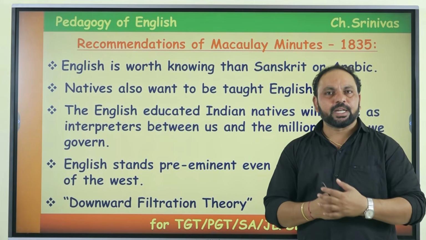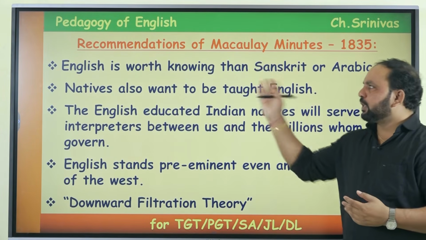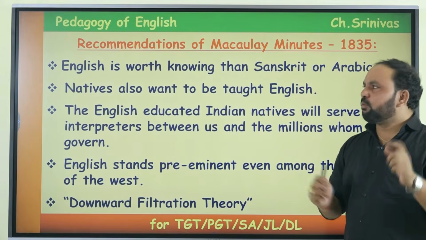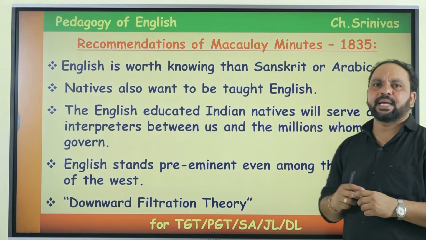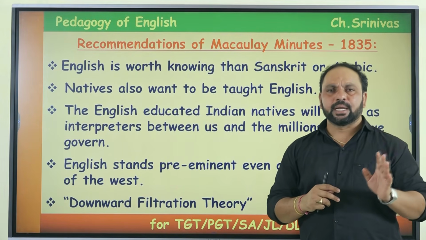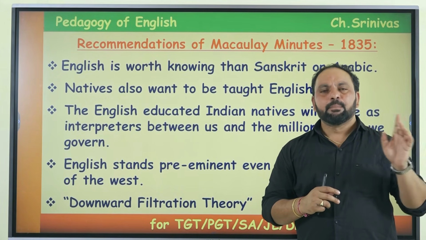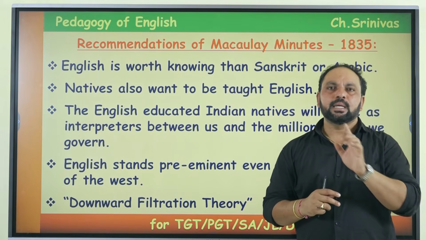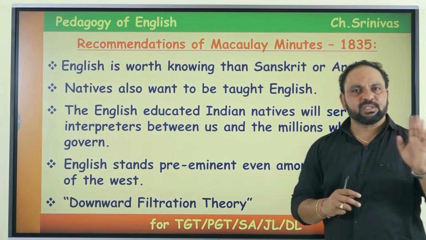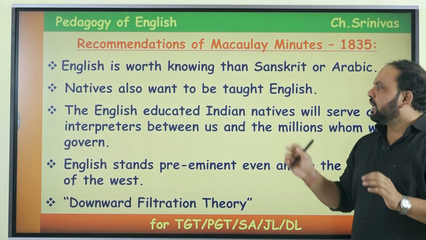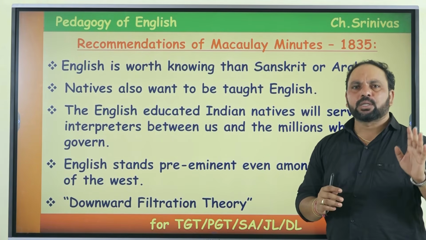And what are the recommendations of the Macaulay's Minutes then? So మనకి చేసినటువంటి recommendations ఏంటి? The very first one is English is worth knowing than Sanskrit and Arabic. So he said that there is no need to learn Sanskrit and Arabic, but all the people should learn English language. That was the first recommendation. The second one, natives also want to be taught in English.